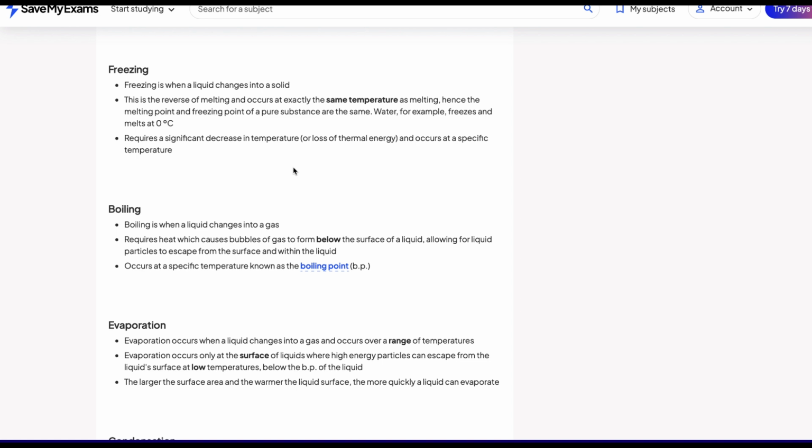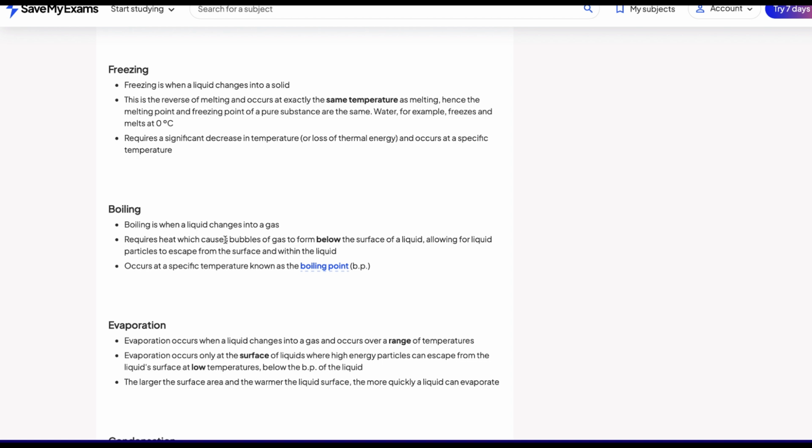Now let's take a look at the case of boiling. Remember, in freezing and melting, everything happens at the same temperature. Now for boiling, boiling is when a liquid changes to a gas. When you put water on your Bunsen burner and heat it, a time will come, especially when it reaches 100 degrees Celsius, that you begin to see bubbles start to form.